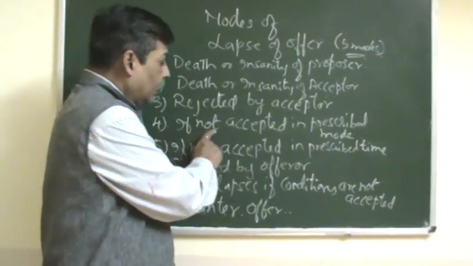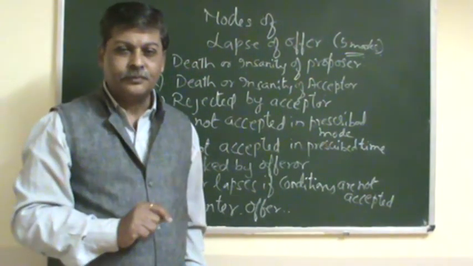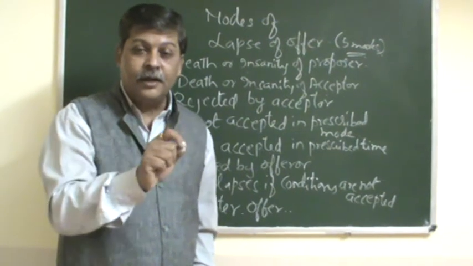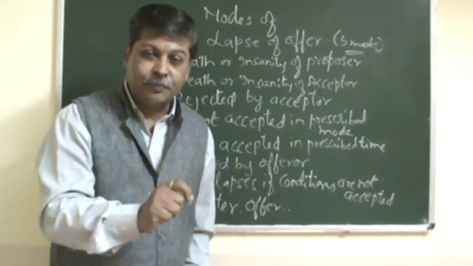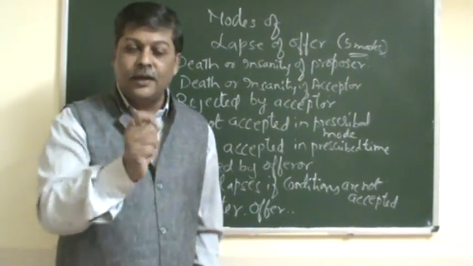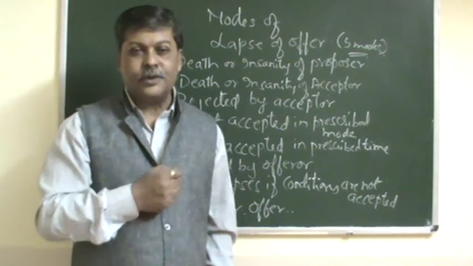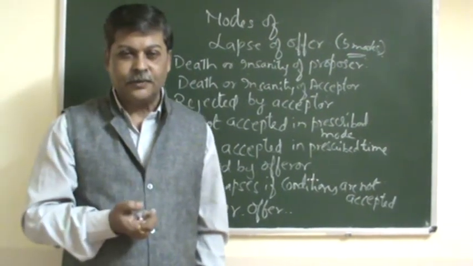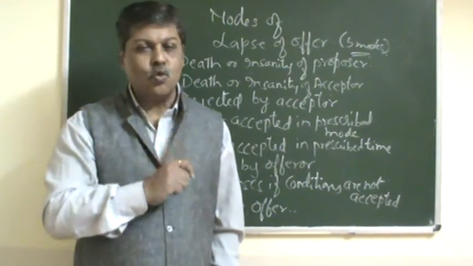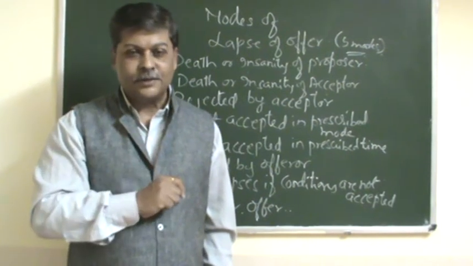The fourth one, if not accepted in the prescribed mode. If the offer is not accepted by the acceptor in a prescribed mode, then the offer is said to have lapsed. Now, how do you explain this? Suppose when the offer is made, a prescribed mode is mentioned.